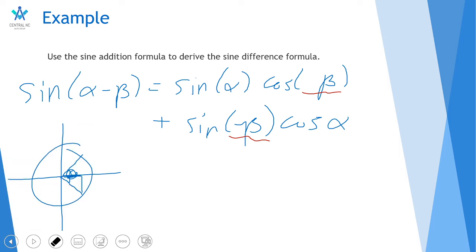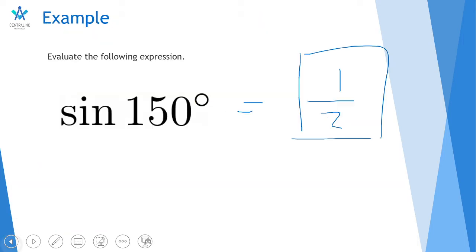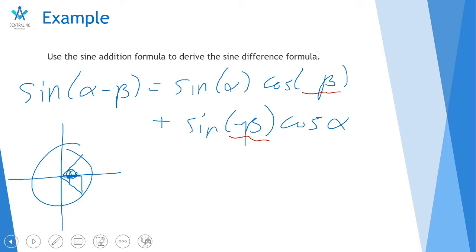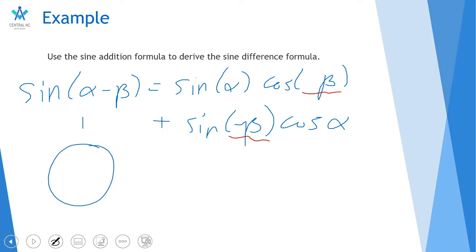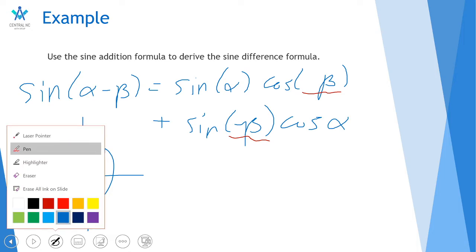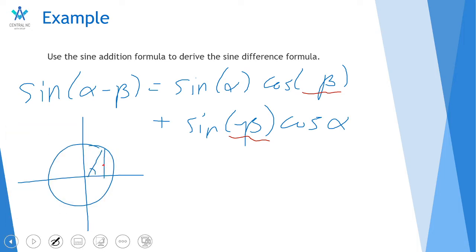Let's see what sine negative beta becomes. Let me redraw this unit circle for another purpose. So let's say we had an angle right here. And then obviously the sine of this angle is this side over this side.